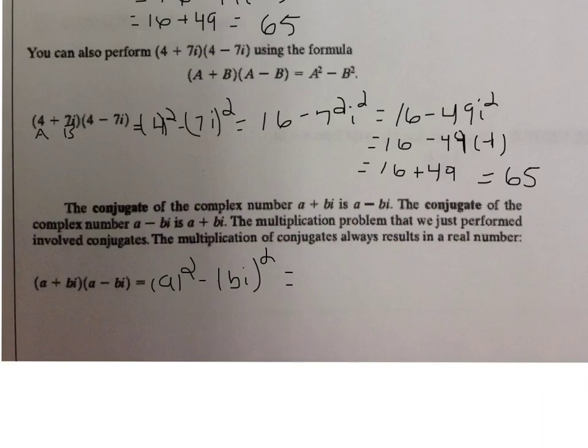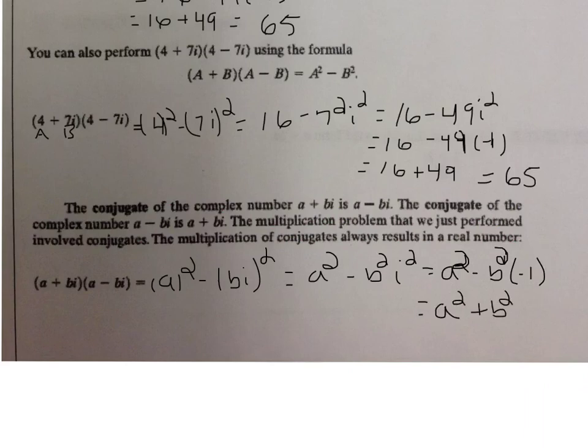Well, squaring bi would make, I can get rid of the parentheses on the a squared, so we'd have a squared minus b squared times i squared. But we know i squared is negative 1. So we have a squared minus b squared times negative 1, which becomes a squared plus b squared.